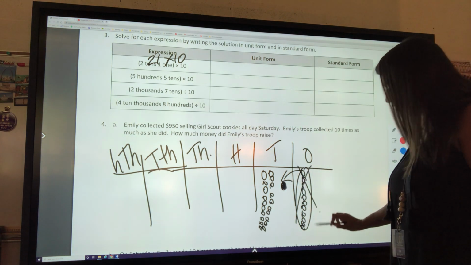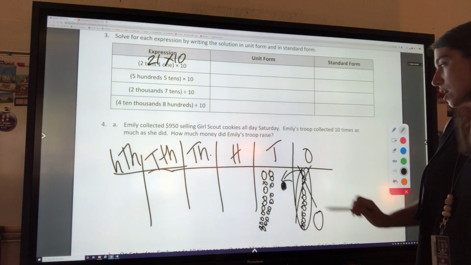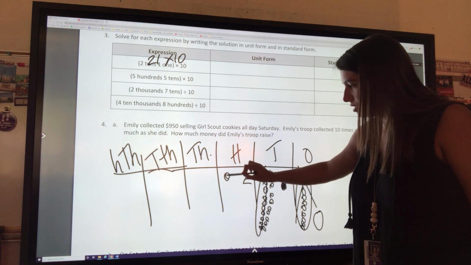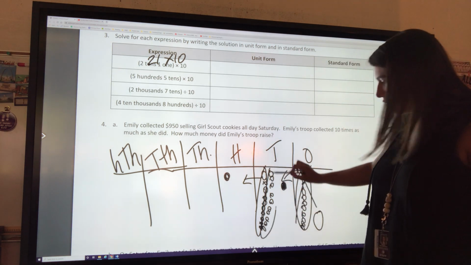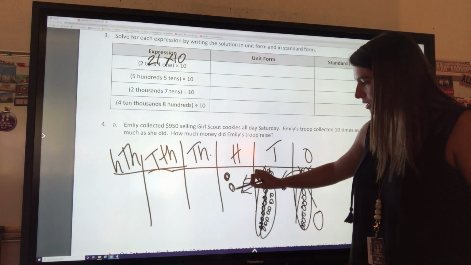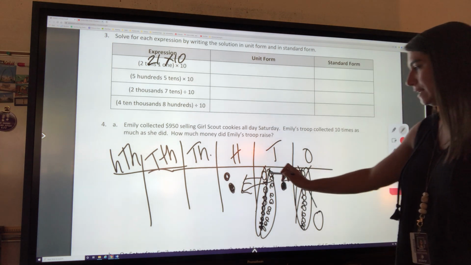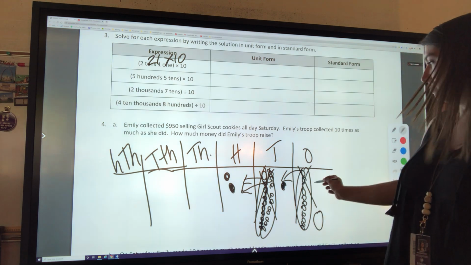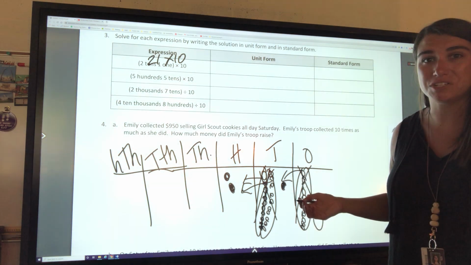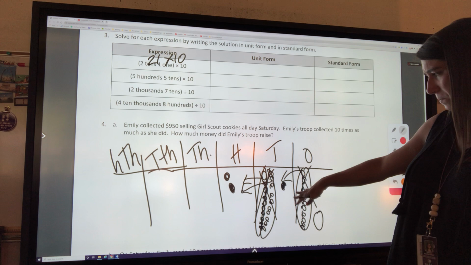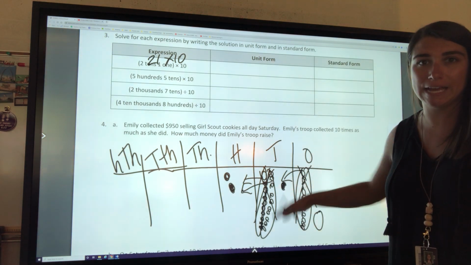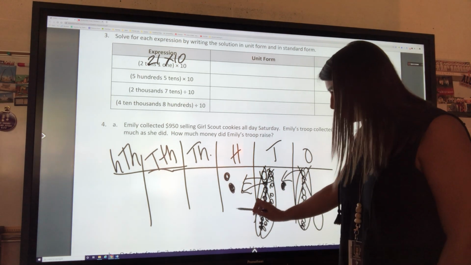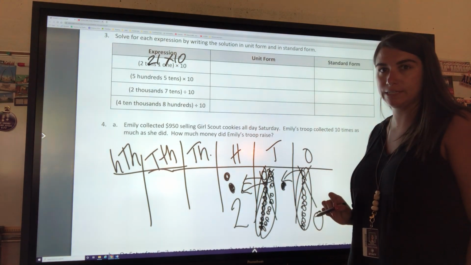Okay, there's nothing left in the 1s place now. I'm going to take this group of 10 and move it over to my hundreds place. Now, I cannot move over this 10, this little guy I moved over from here, because he doesn't have enough to do that. There's not enough here. I would have to have 10 to move it over to the hundreds place. So what I'm left with then is 2 hundreds.